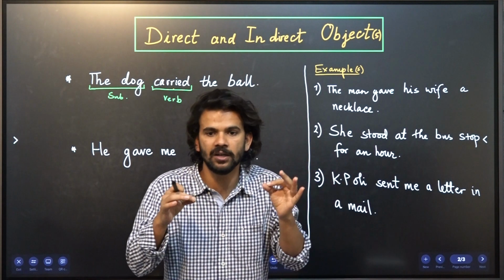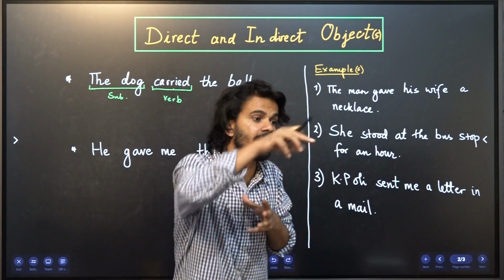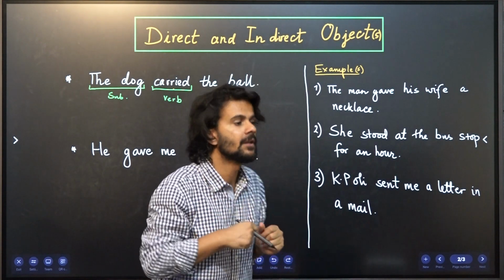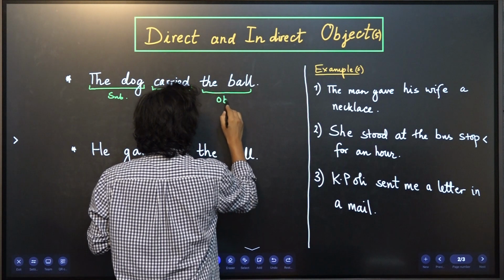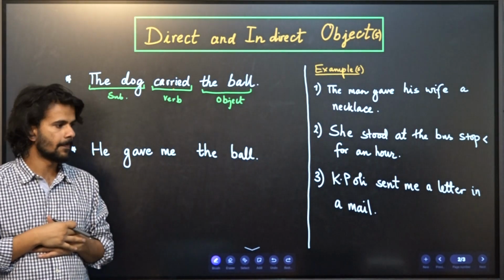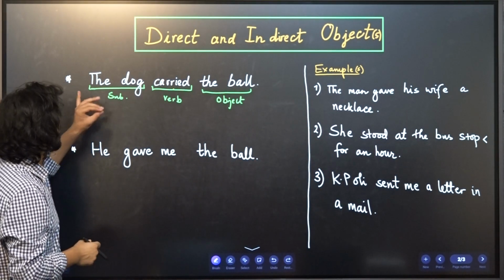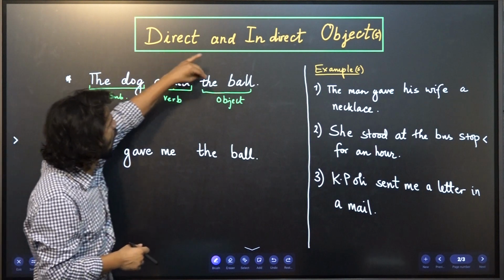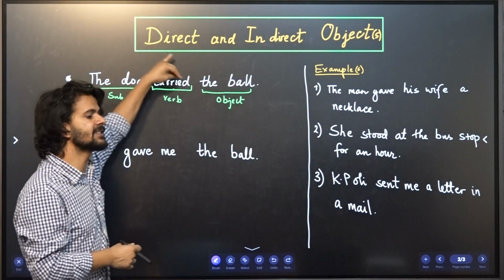On what is the action happening? It is not happening on the dog; the dog is the one who did it. But the dog carried the ball, so the action is happening here, therefore this is the object. This is the sentence structure.